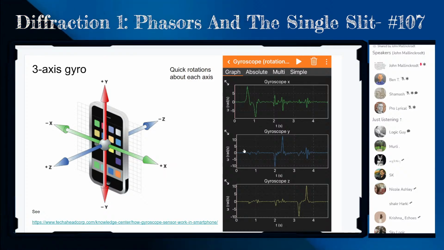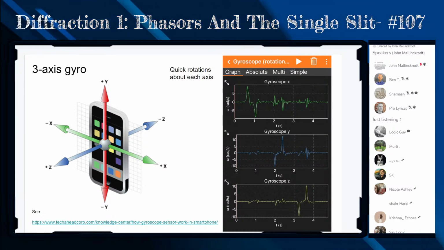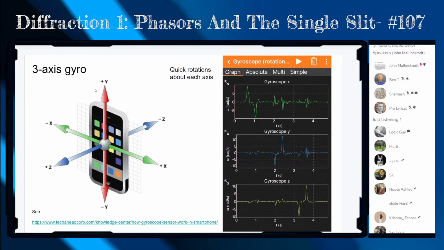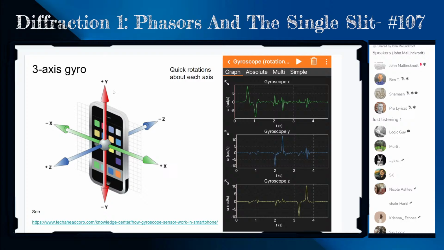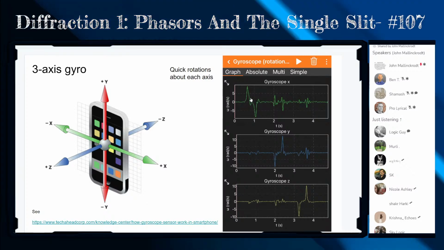The typical convention, and I should have put a right-handed thing here, is you stick your right thumb in the plus X direction, and the fingers of your right hand will curl in the direction that's considered a positive rotation. Same for the other axes. Point your thumb in the plus Y direction, and your fingers will curl in the direction of positive rotation around that axis, and the same for the Z axis.